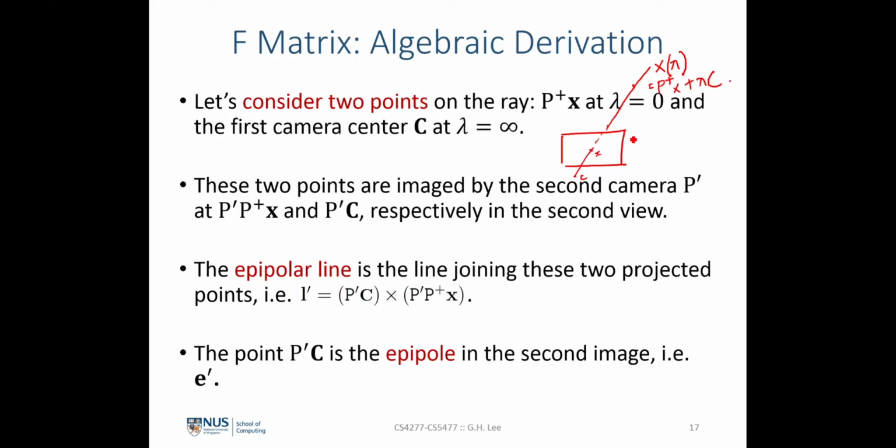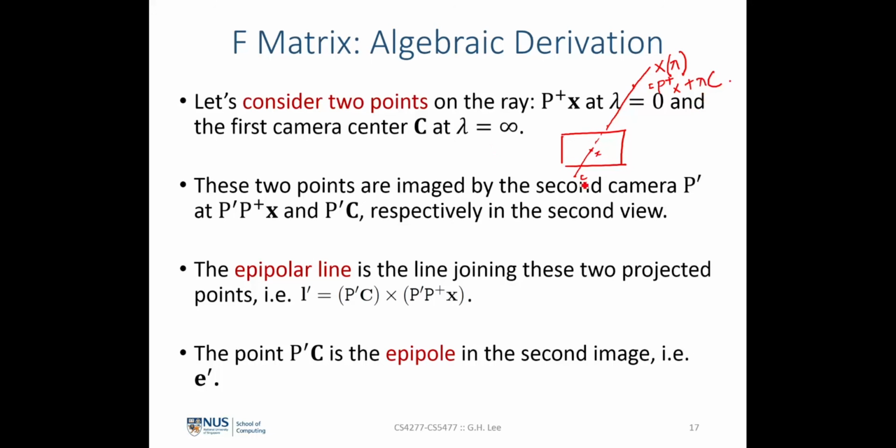The first point that we are going to consider would be at lambda equals 0, and this would be given by the pseudo inverse multiplied by x, which simply means that it's any point on this particular line. And the second point that we are going to consider would be at the limiting case of lambda tending towards infinity.